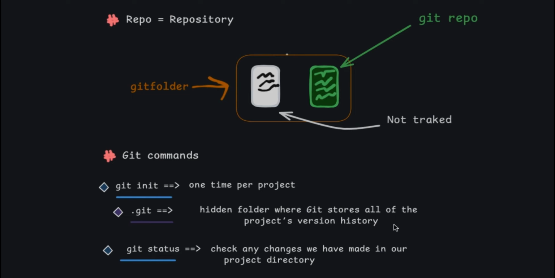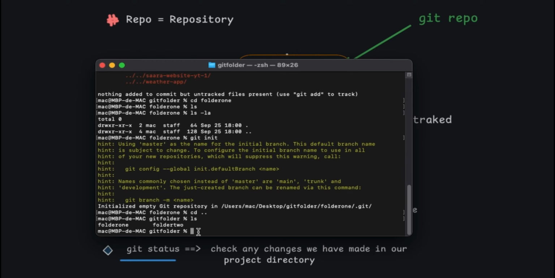For example, any files, any source code inside our project or our folder, it will store in that particular hidden folder. Let's go back to our terminal. I will show you if you are curious a bit about this hidden folder. So, git status.